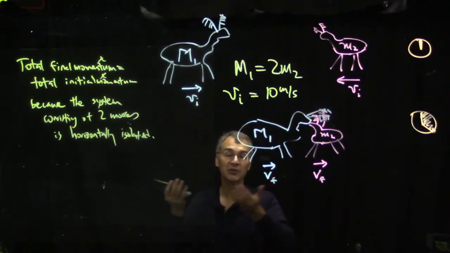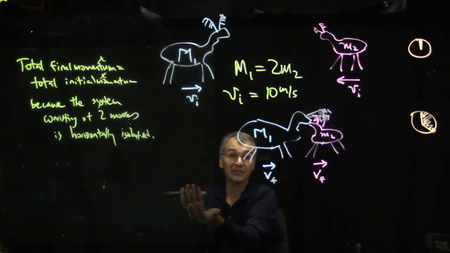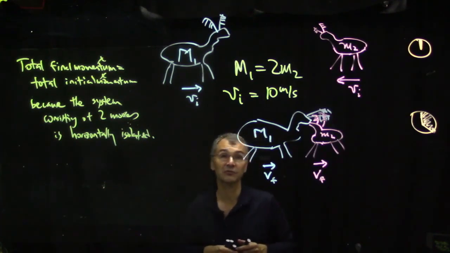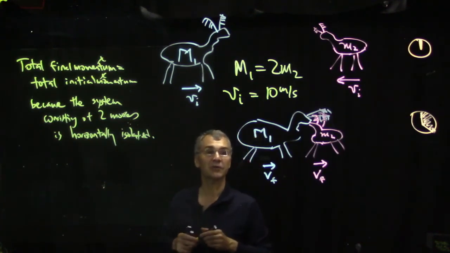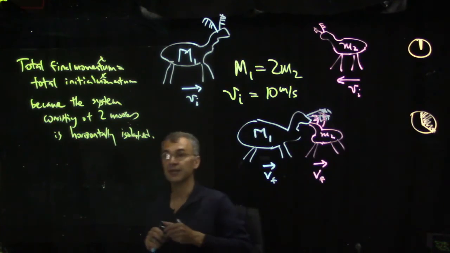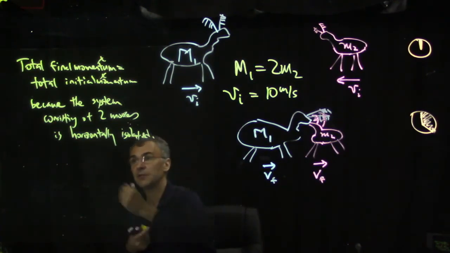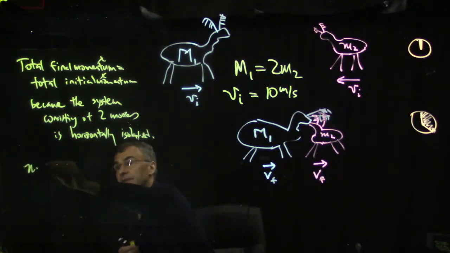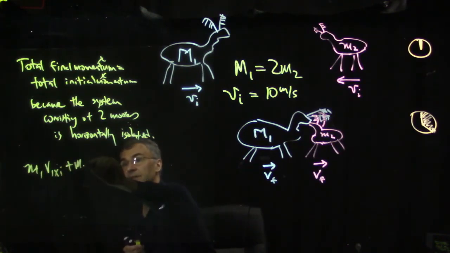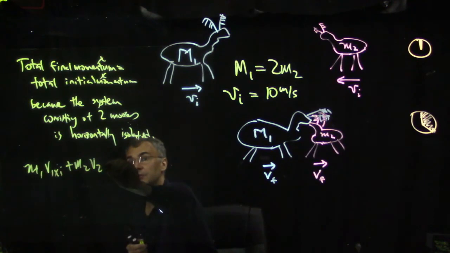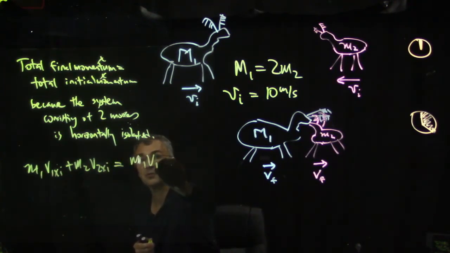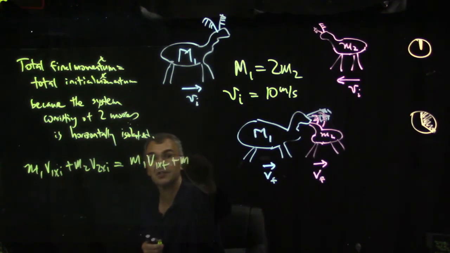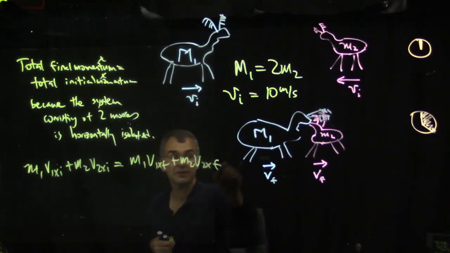So the total momentum in the x direction after they collide is the same as the total momentum in the x direction before they collide. So we can write m1 v1x initial plus m2 v2x initial equals m1 v1x final plus m2 v2x final.